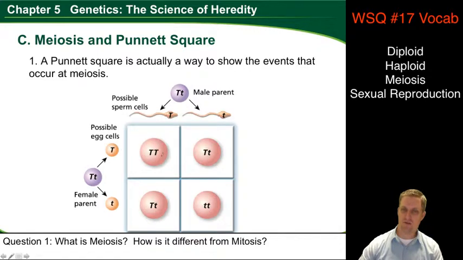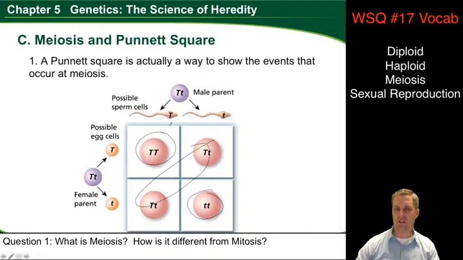We can have 25% that have big T, big T, 50% that have big T, little t, that are like their parents, and then 25% that have little t, little t. So what this shows and demonstrates is that meiosis gives 4 different possible sperm cells or possible traits that can be combined between these 2 events of meiosis.